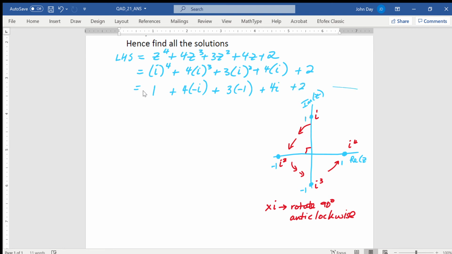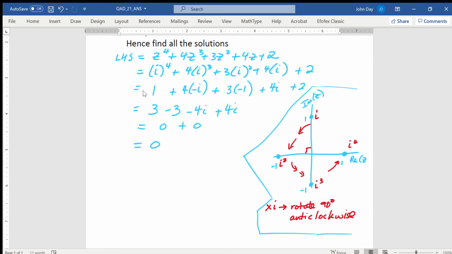So we can now collect together things that are similar: we've got 1 and 2 is 3, and we've got minus 3, and we've got minus 4i, and we've got plus 4i, so we've got 0 plus 0 is 0. That equals the right-hand side of the original equation, so therefore i is a solution. We were asked to verify it, and we've verified it.